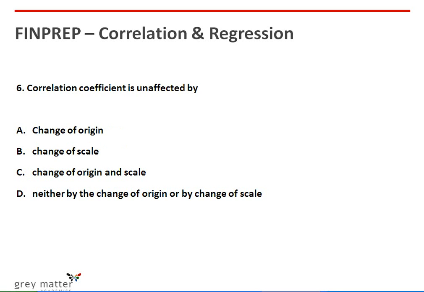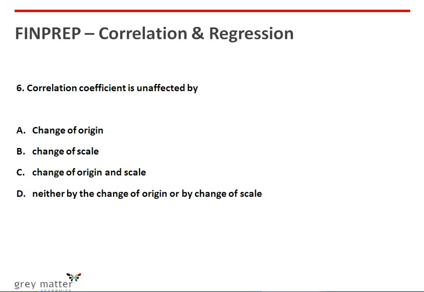Sixth question, which says correlation coefficient is unaffected by. Actually, correlation coefficient, we all know, is equal to covariance of the two variables divided by the product of the standard deviation of x and the standard deviation of y. Now covariance is not affected by shift of origin or change of origin.